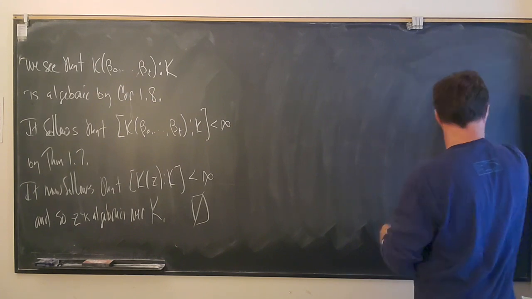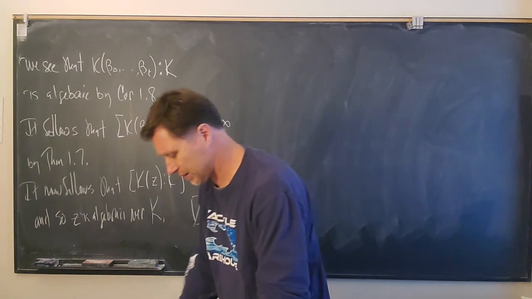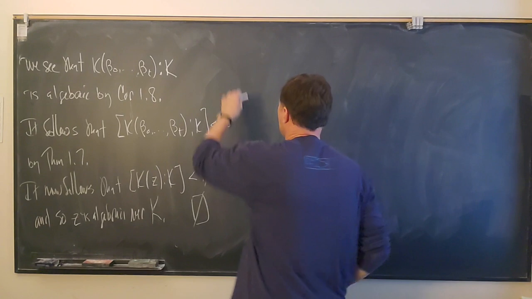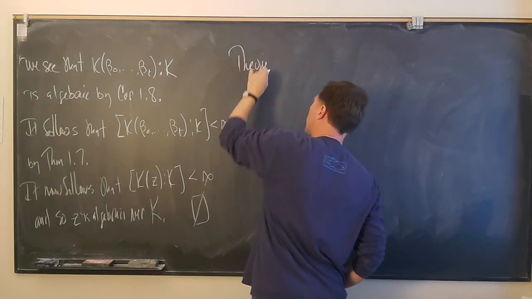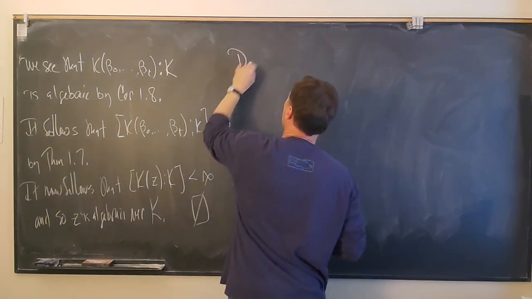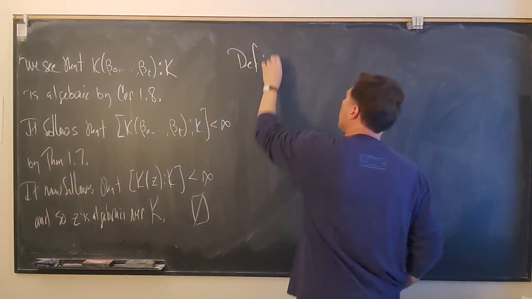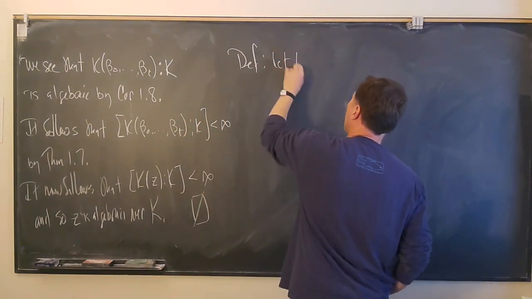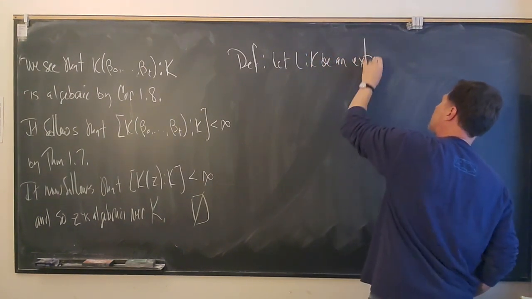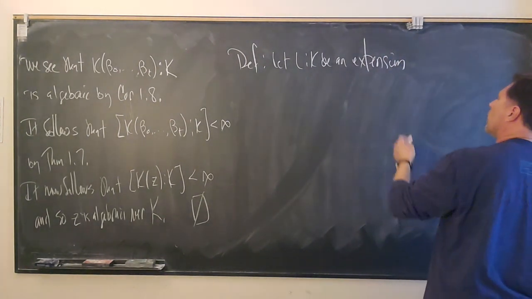Now, this next definition is going to seem really out of left field. Where did this come from? I need a definition. So I just want to start off with an extension. Let L over K be an extension, and then here's the weird part that unexpectedly shows up.